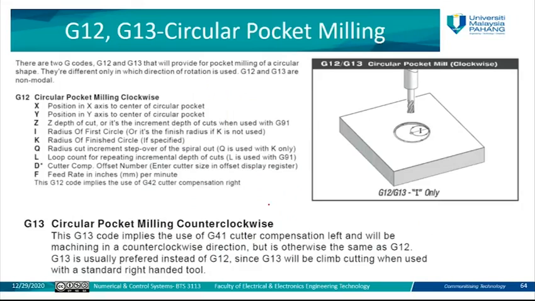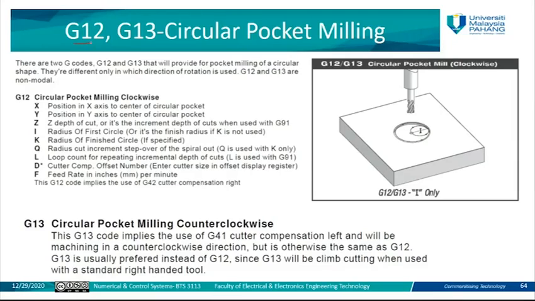Another code we call the circular pocket milling, and here also the type of the tools or type of the cycles which create milling, like a pocket here, either circular pocket milling or normal pocket milling, either clockwise or counterclockwise.